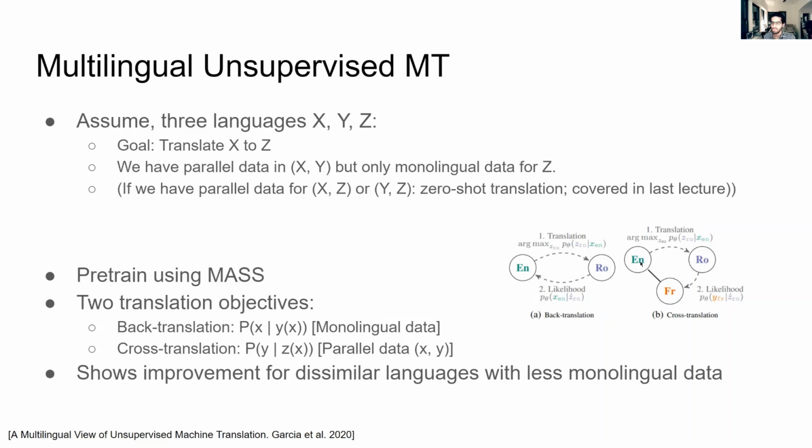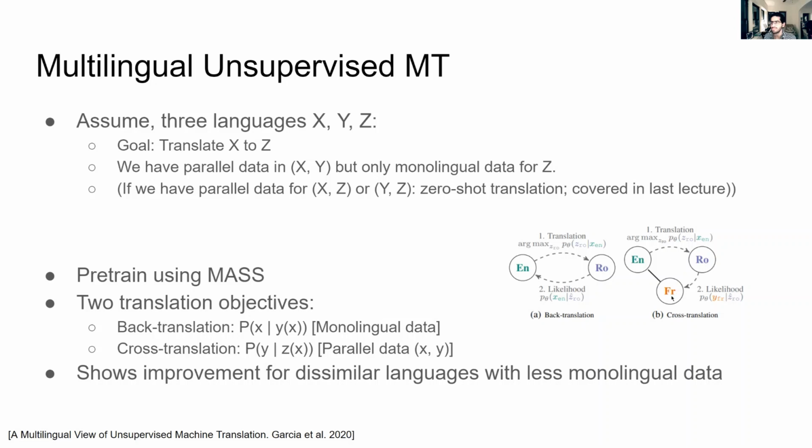So what you do is you translate X to Z and then maximize the probability of generating Y through the translation of the Z. So you're translating from English to French through Romanian in this example, for which you do need parallel data between English and French.